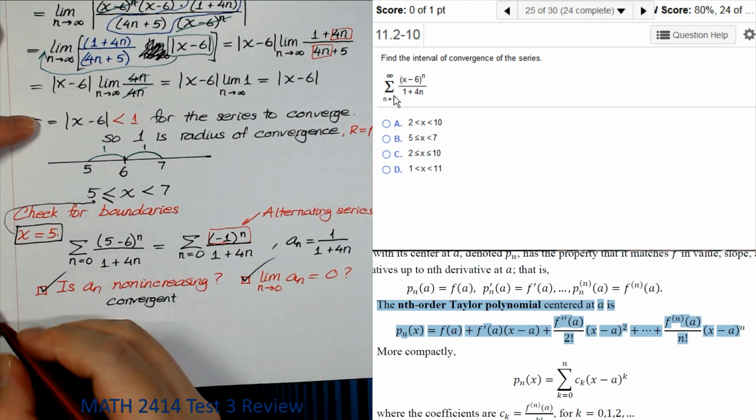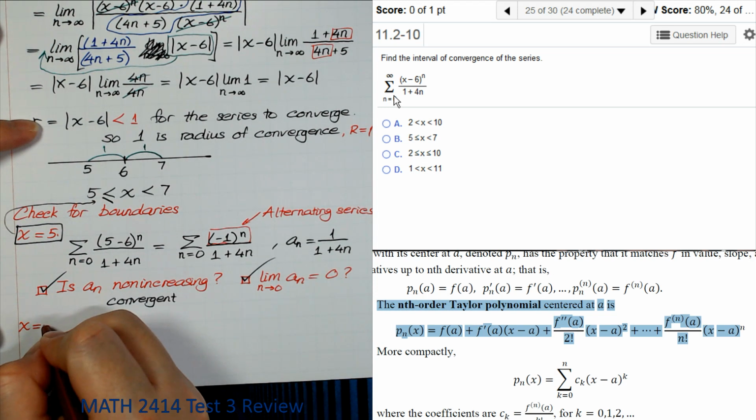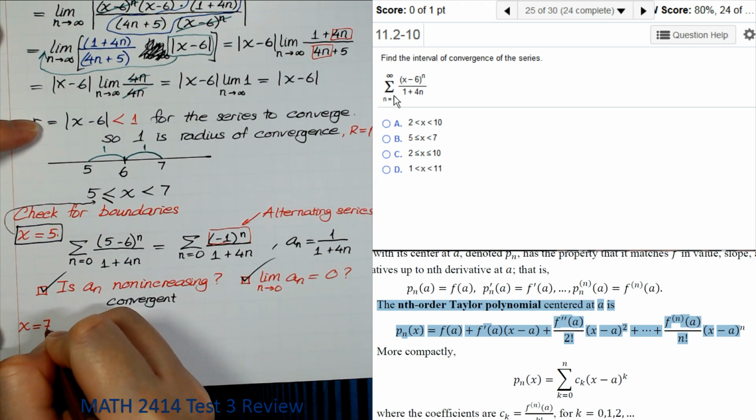Now we check for x equals 7. Sorry, I said negative 5 earlier, but I mean 7.